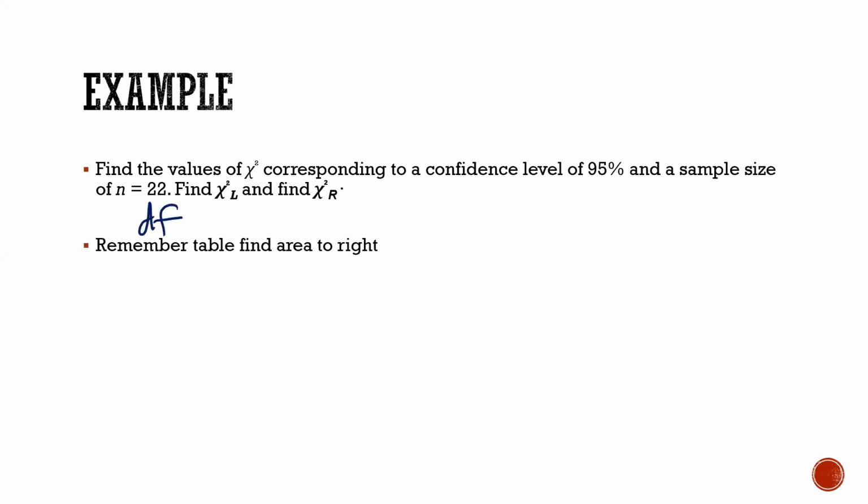So Bobby, the degrees of freedom here will be 21. Okay, so first you want to identify your degrees of freedom. Then we want to identify our confidence level and draw a picture. So what is our confidence level here?